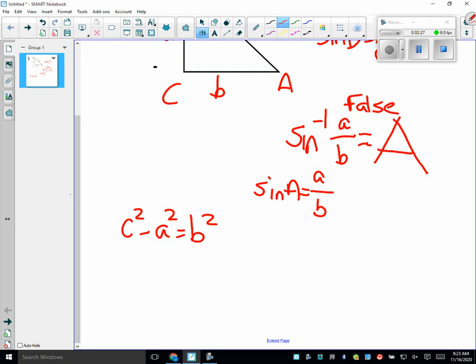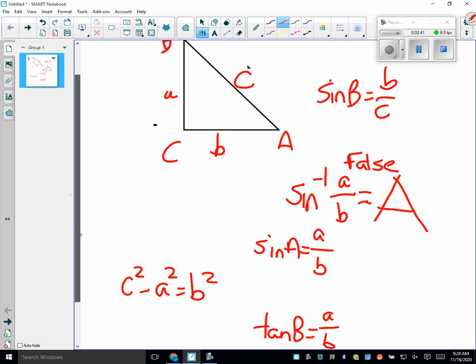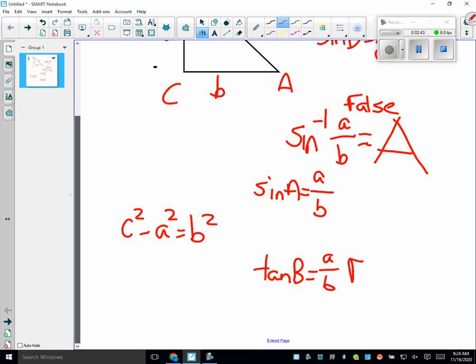True. This is just asking you questions. Is the tangent of B equal to A over B? Wait, it's equal to B over A. So this is false. All right? Just kind of making you think of what we've been doing.